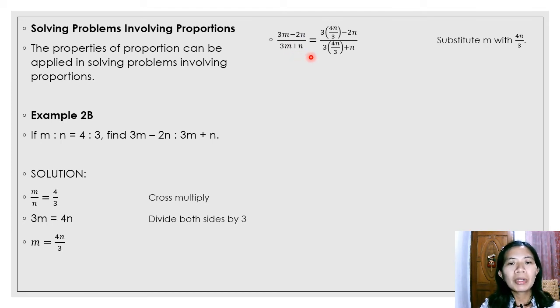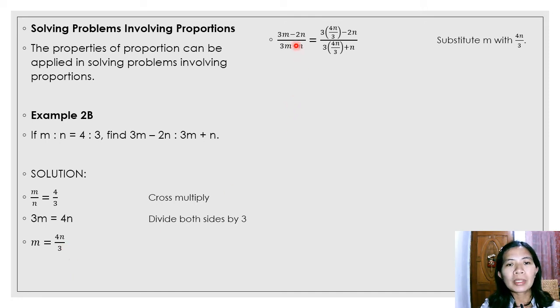If we notice, the variables here are m and n. So to simplify, we will make it one variable by substitution. We are going to substitute the value of m. What is the value of m? Equal to 4n over 3.